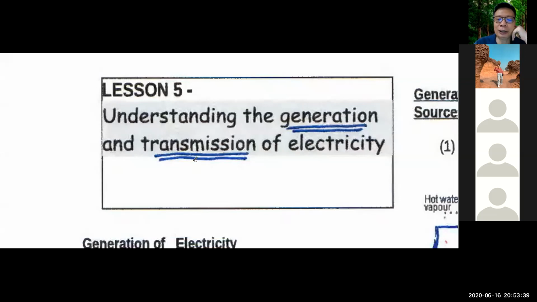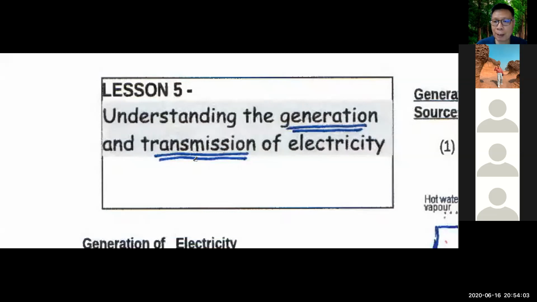Transmission means to transfer. Let me tell you. The electricity we use in Malacca, for example, is actually not generated in Malacca. It can be generated all the way from Terengganu, from Pahang.